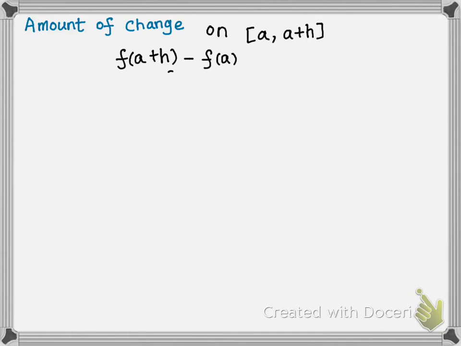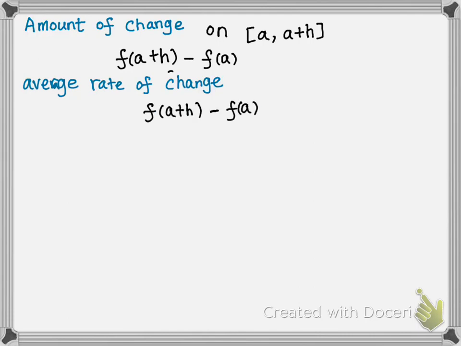So on this same interval, a to a plus h, the average rate of change is defined to be f of a plus h minus f of a, and then you divide it by a plus h subtract a, which is just h.